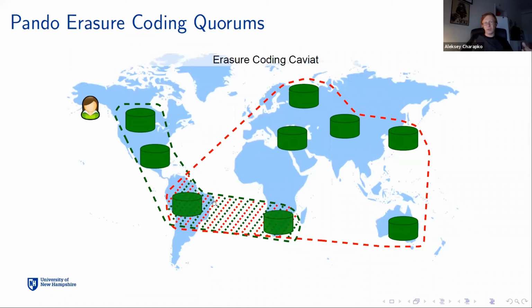And of course, if this fails, then they wait for the other nodes to come in until there are enough nodes in the intersection between the read and write quorum. But the point is this intersection depends on the number of splits in this erasure coded data distribution.